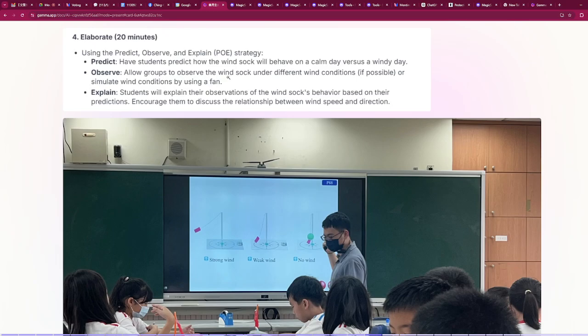Allow groups to observe the windsock under different wind conditions if possible, or simulate wind conditions by using a fan. So this is more practical, using a fan to simulate wind conditions, and have students explain their observations of the windsock's behavior based on their own predictions. Encourage them to discuss the relationship between wind speed and direction.